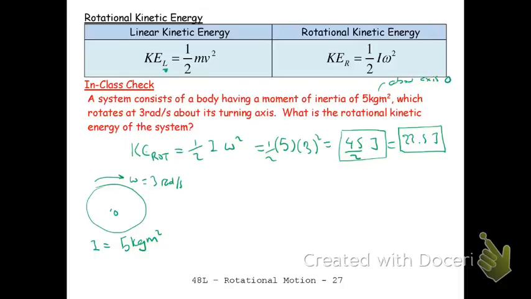I could have dressed it up a bit. I don't have to give you the I. I could give you the mass. I could give you the radius. I could give you the shape. And you've got to work out what the I is. I suppose I could give you the tangential velocity and have you use that Vt equals omega r.